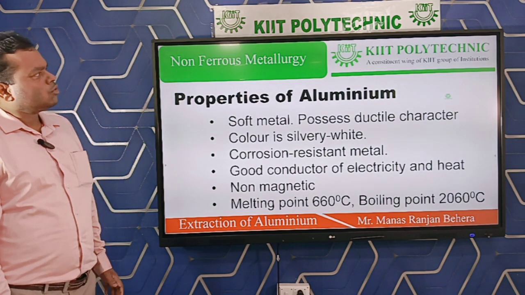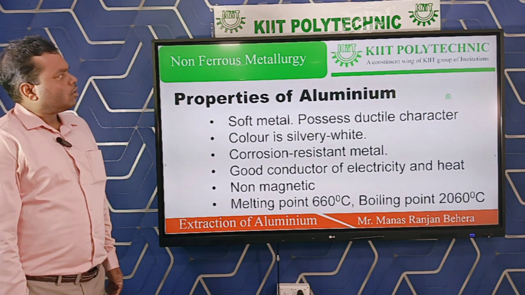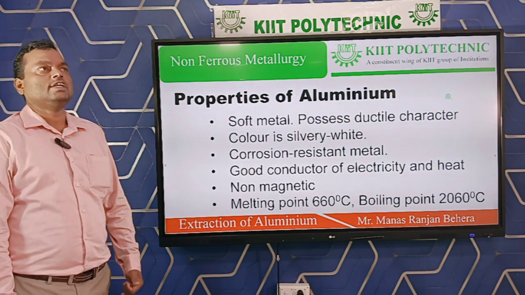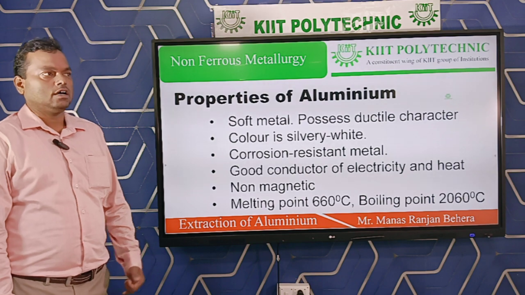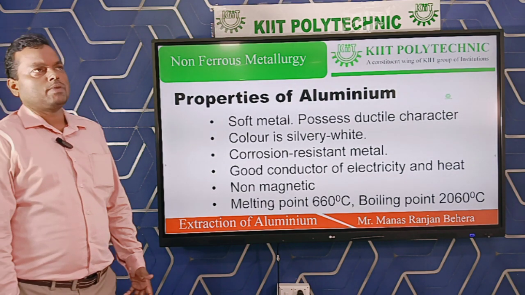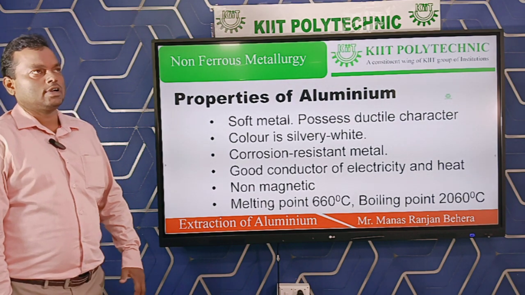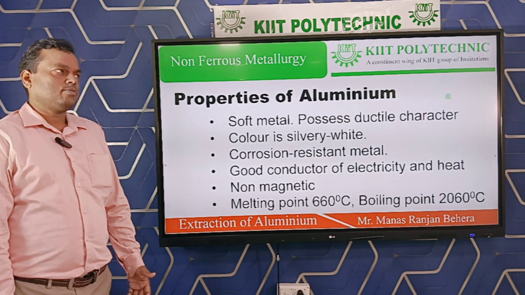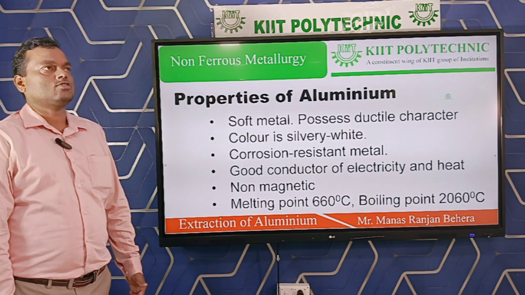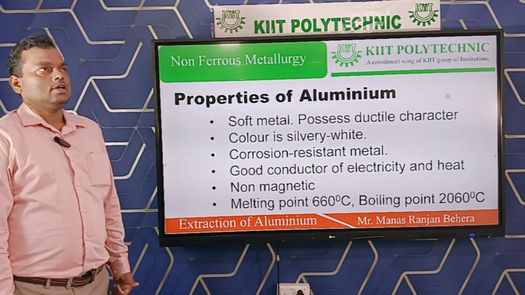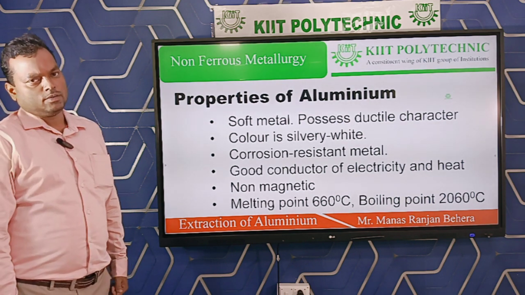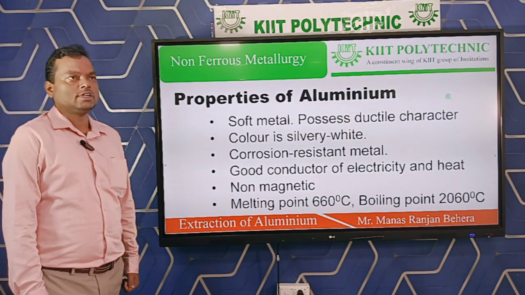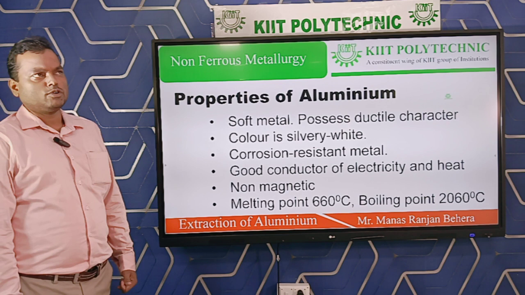Then we should know what are the different aluminium industries available in India. So nowadays aluminium plays a very important role in our day-to-day life. Some of the important industries I would like to mention: number one is National Aluminium Company in Odisha, that is available in Angul district, also in Damanjodi.